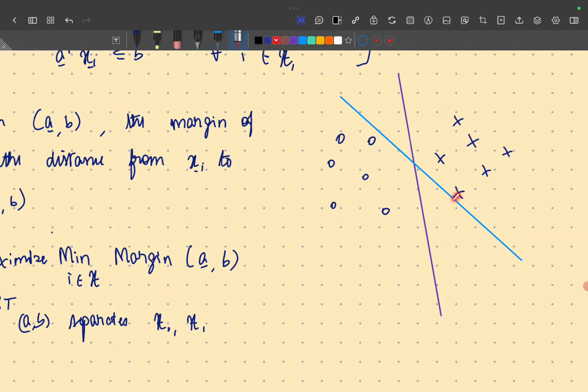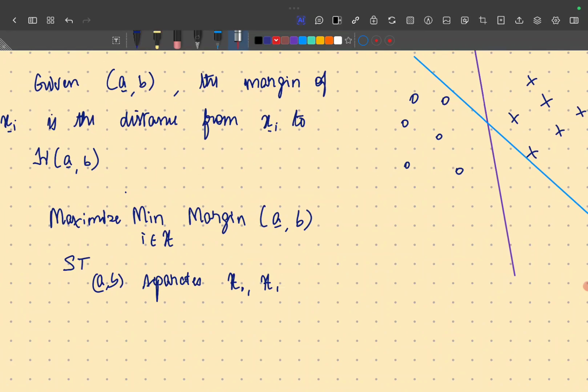It would probably be this distance or this distance, one of those two. Whereas for the purple hyperplane, it would probably be this one. That would be the minimum margin. And among all possible hyperplanes that separate x0 and x1, we want to find the one that maximizes this minimum margin.